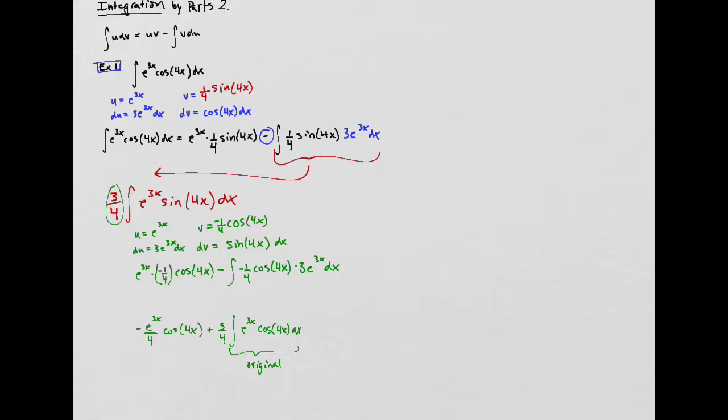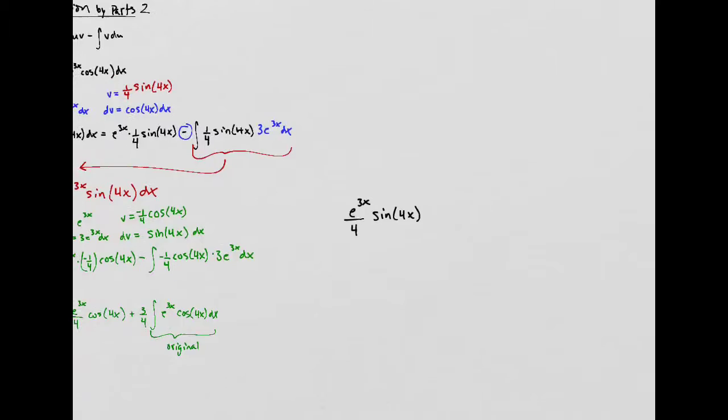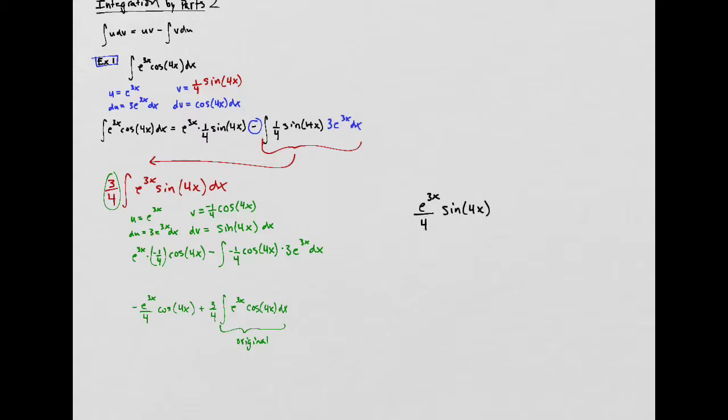So the first thing, here's the original. The first thing I'm going to write down is that. So I'll do that, and I'm going to do it over here. e to the 3x over 4 times sine of 4x. And then I have this minus sign.